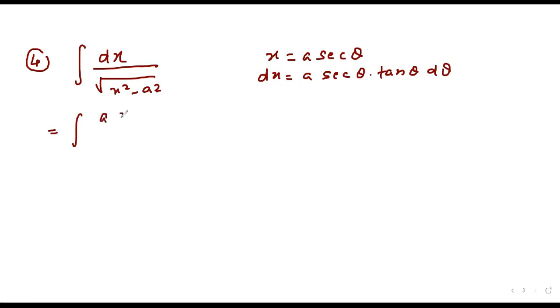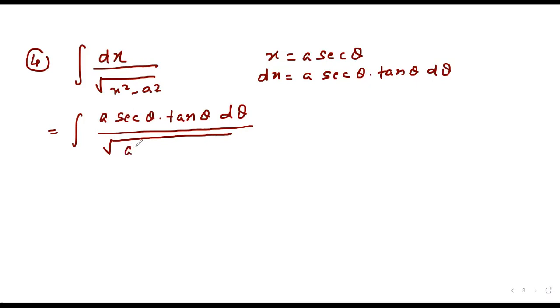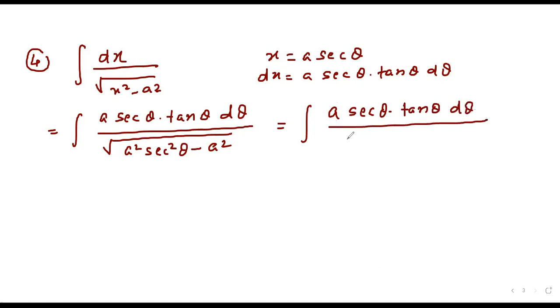So dx is a sec theta tan theta d theta divided by root of the value. So it will become a square sec square theta minus a square, and we know that sec square theta minus 1 equal to tan square theta. So it will become a sec theta tan theta d theta divided by a tan theta.